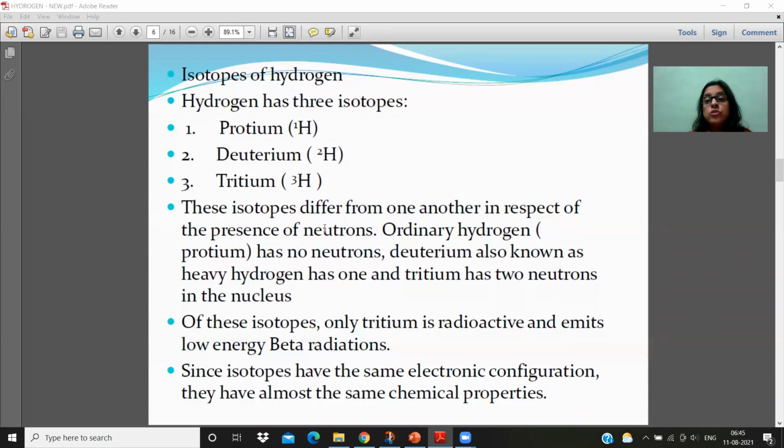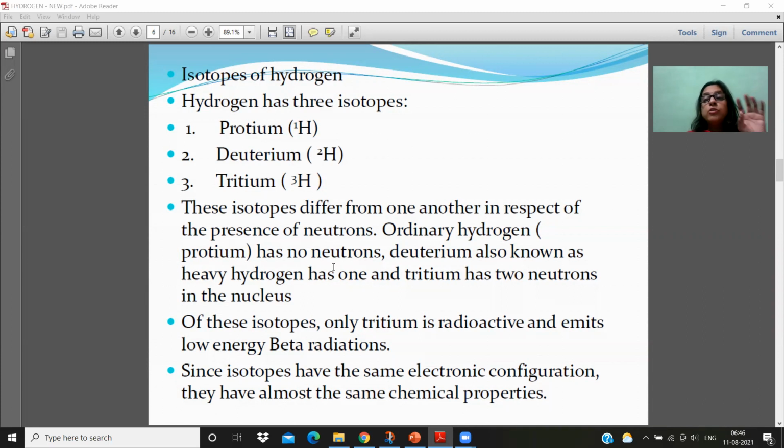Isotopes, as all of you must know, are atoms of the same element which have the same atomic number but different mass number. Mass number is the sum of the number of protons and the number of neutrons.